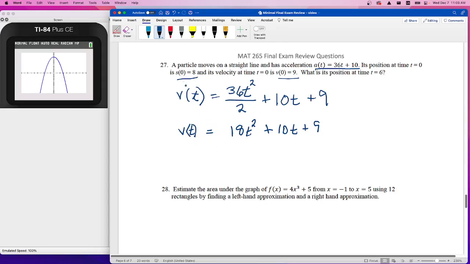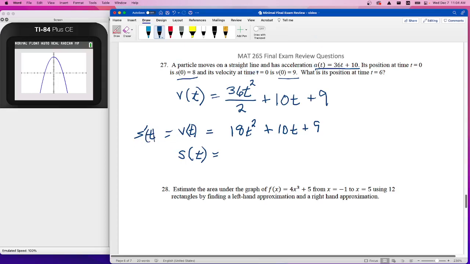The next thing we want is our position function. Usually they use s. And again, that's going to be an antiderivative, because the velocity is the derivative of the position function. If I take this, I get velocity.